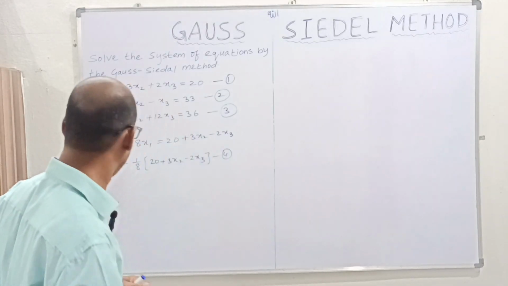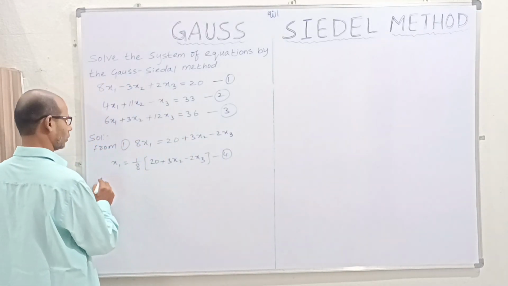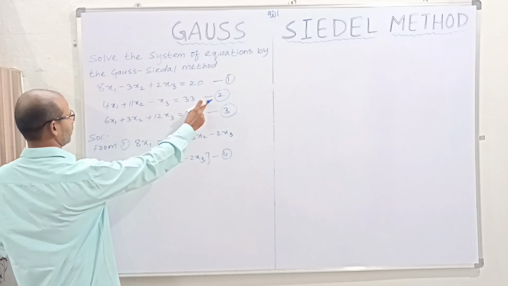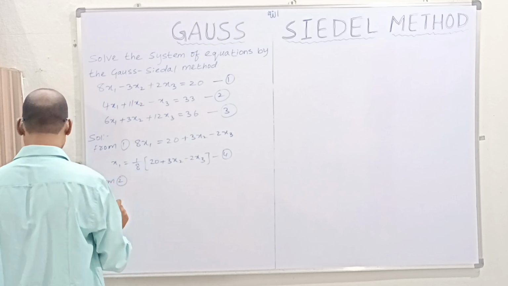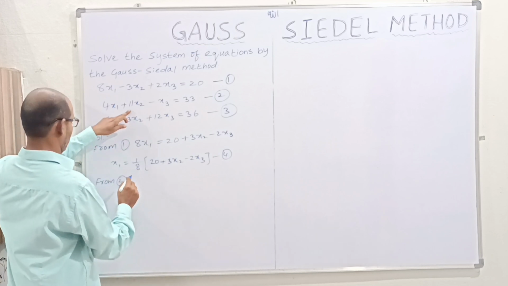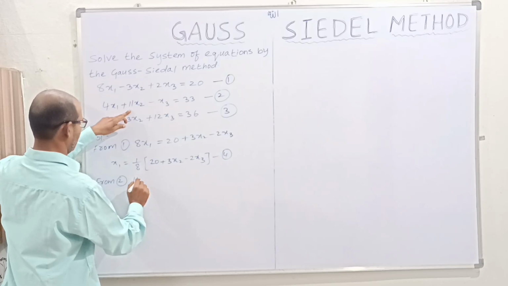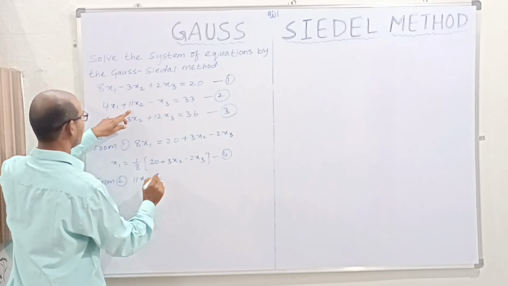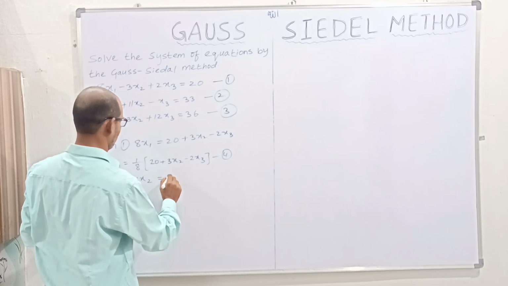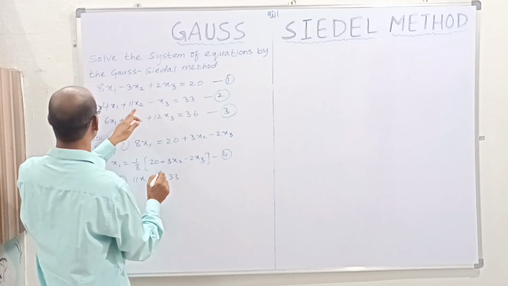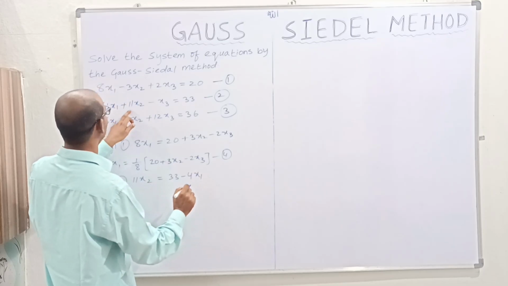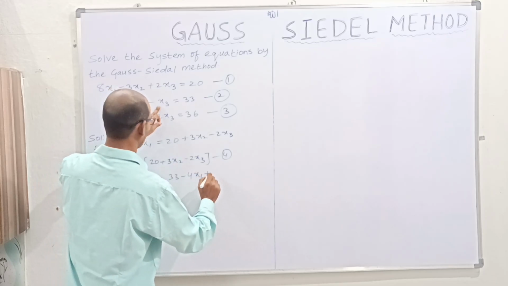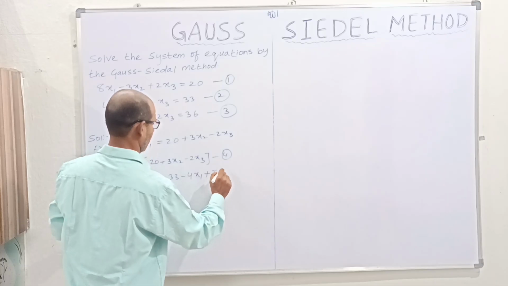Now from equation 2, we'll find x2. So 11x2 is equal to 33 minus 4x1 plus x3.